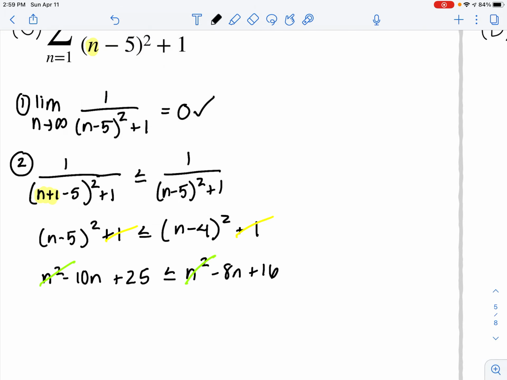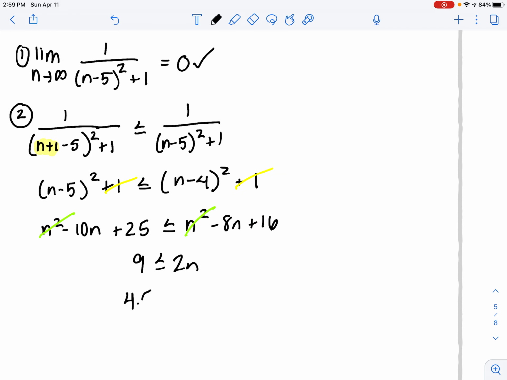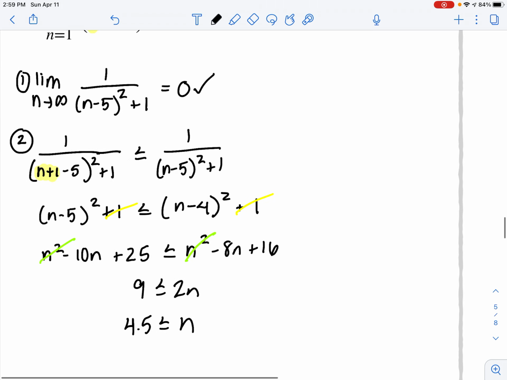If I subtract 16, I get 9 is less than or equal. Add 10n over, I get 2n. So 4.5 is less than or equal to n. So what that tells us is that this is a true inequality: the n plus 1 term is less than or equal to the nth term for n greater than or equal to 5. And that's fine.